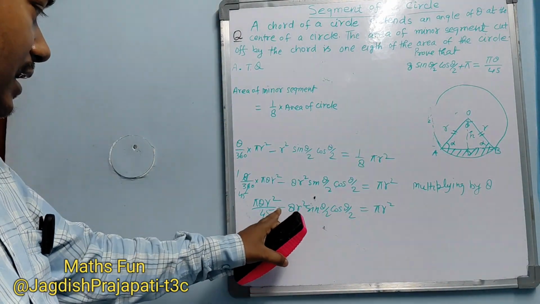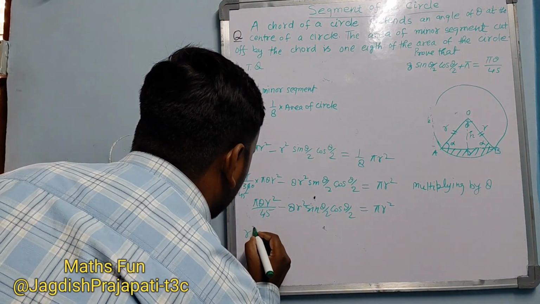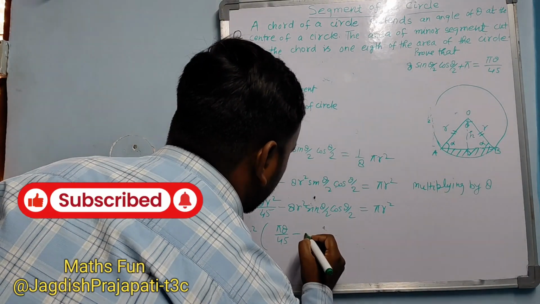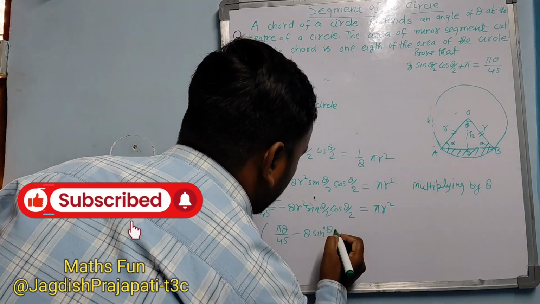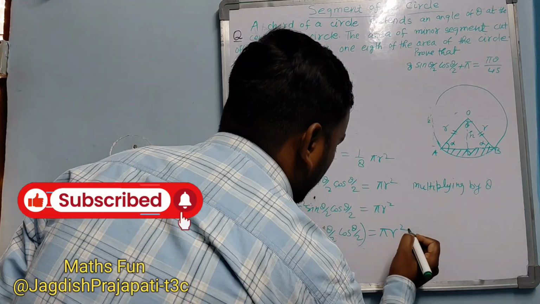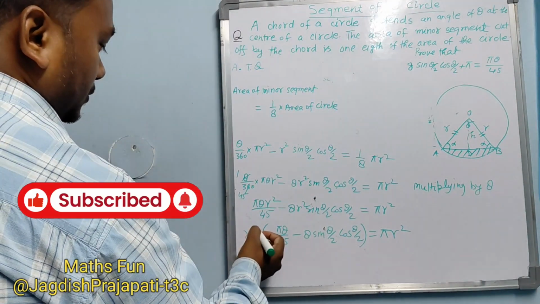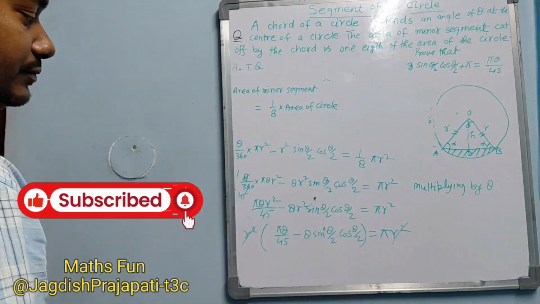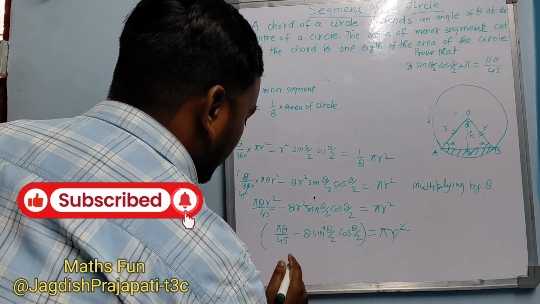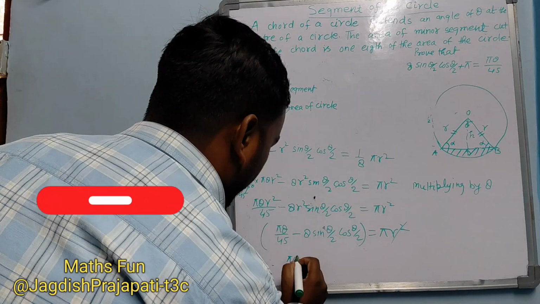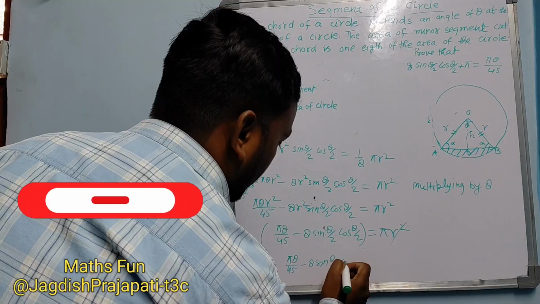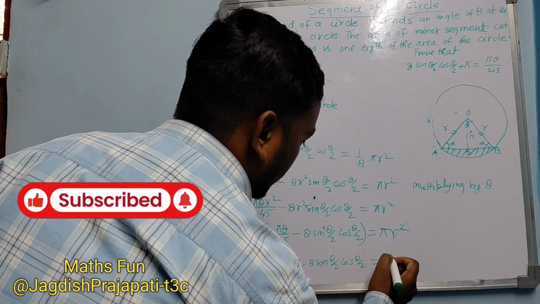Now we can take r square outside. So r square, pi theta by 45 minus 8 sin theta by 2 cos theta by 2, equal to pi r square.